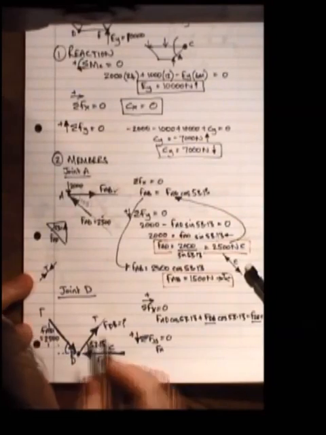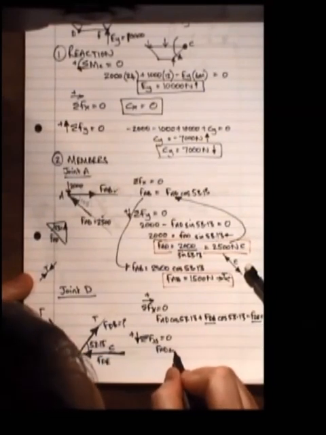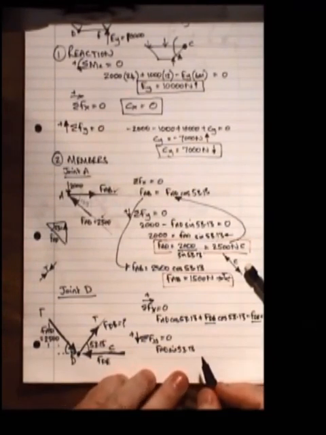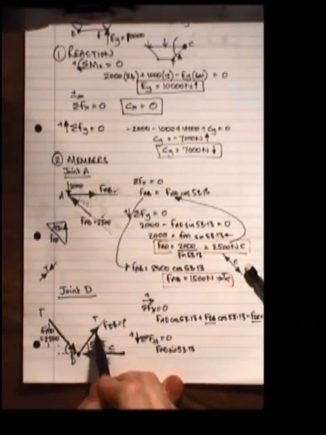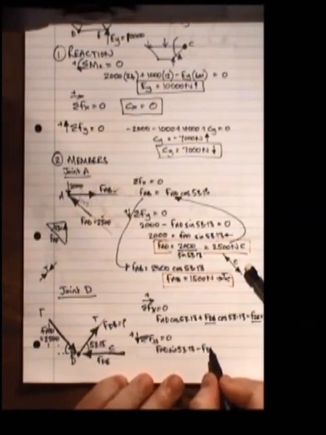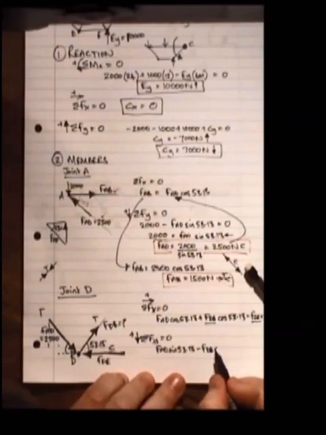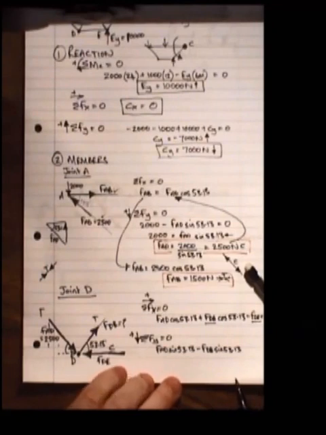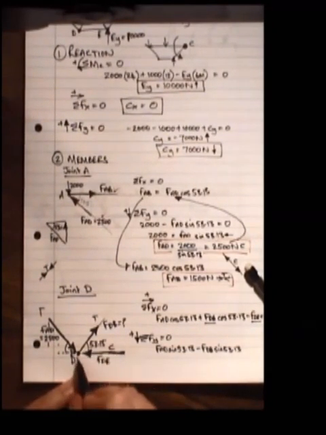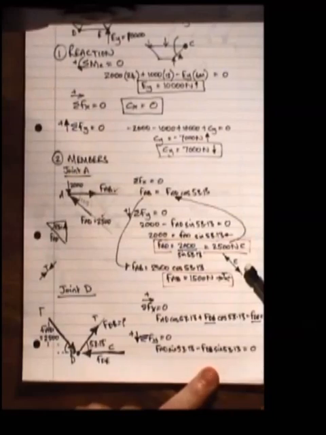It's opposite the angle, so it's FAD sine 53.13. Our FDB is going upwards, so it's minus FDB, and again it's sine 53.13. FDE is acting perfectly horizontal, so it's not included in a vertical calculation. So all of that equals 0.